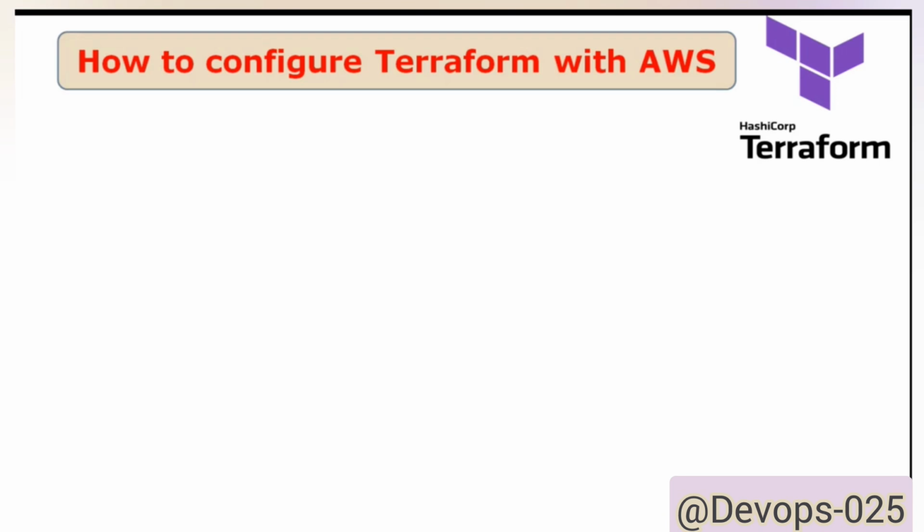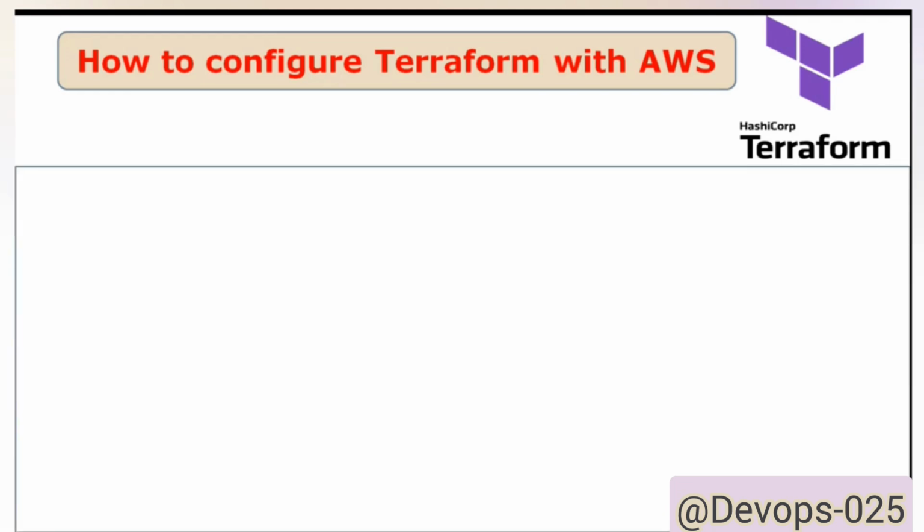Okay, so if you want to configure Terraform with AWS, first we need to install AWS CLI. AWS CLI is the command line interface from which, in the command line itself, we can create the AWS resources, list those AWS resources, and even delete the AWS resources.